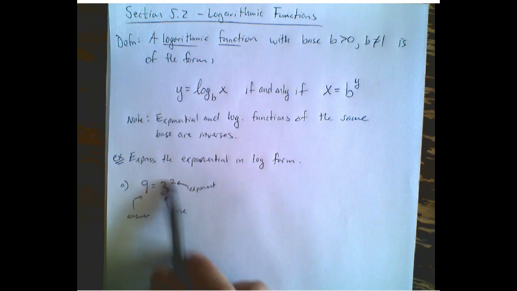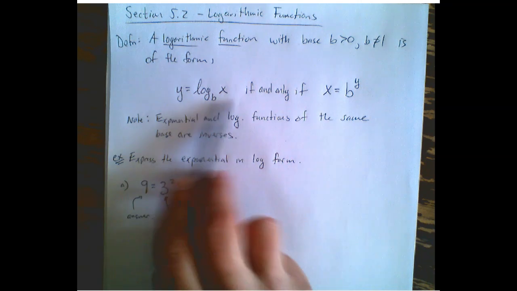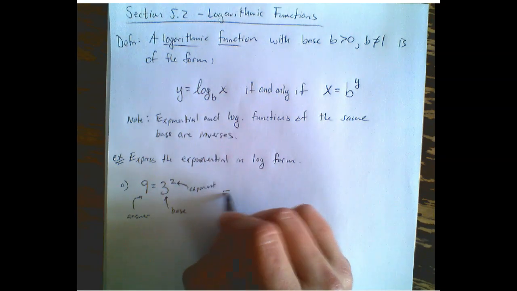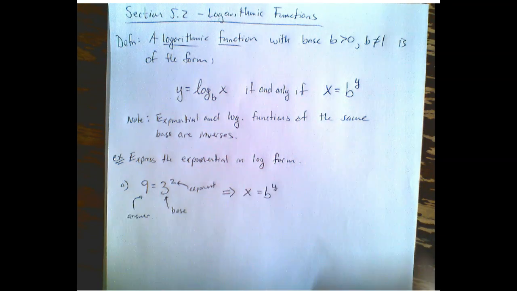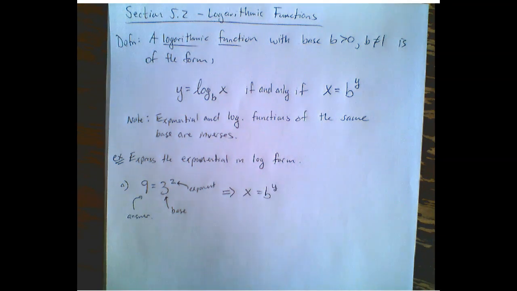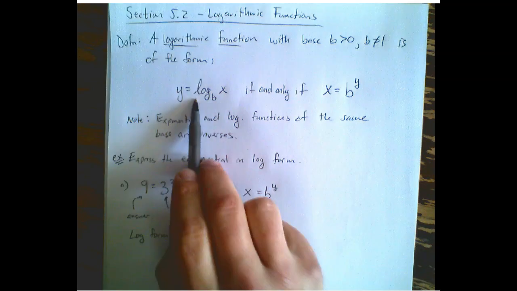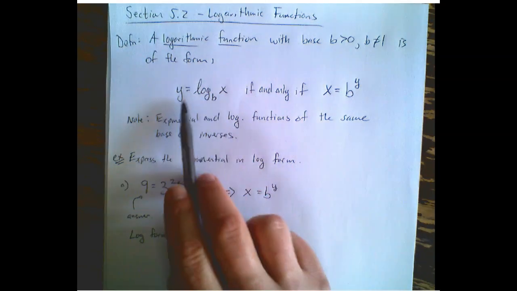So if we want to switch from exponential form to logarithmic form, we just use this procedure. This is of the form x equals b to the y. For our log form, just follow this little pattern right here. So we can write this exponential in logarithmic form as, well, what's our y?